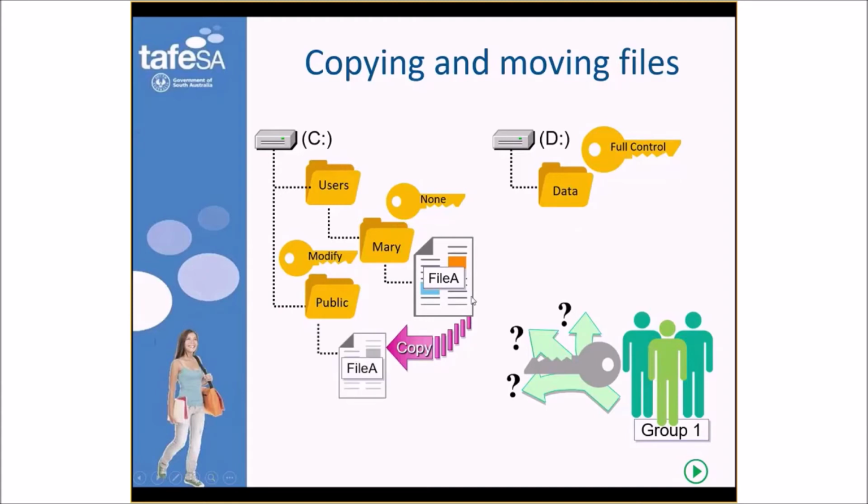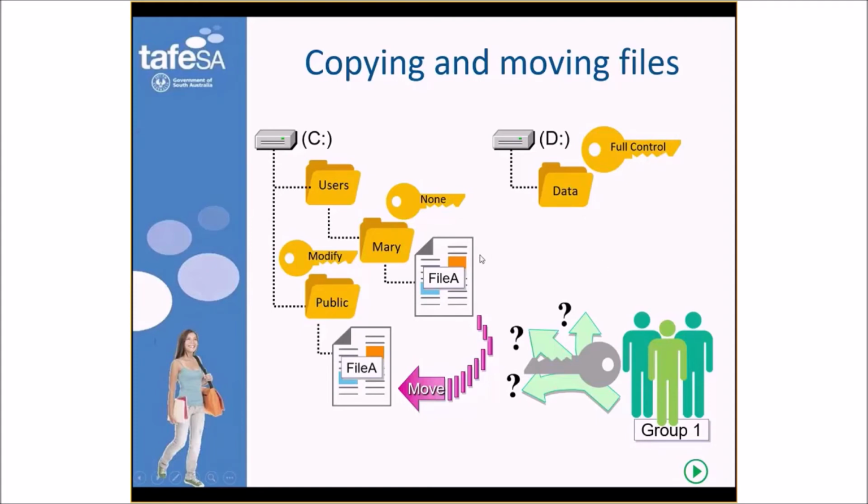We copy this file to this new location. What permission would this group 1 have to this file? Guys, what do you think? Modify, because it's going to get whatever the destination folder has for copies. What if we move it? What would they get now?